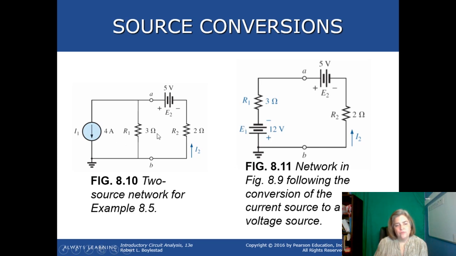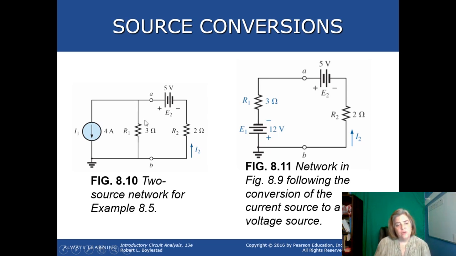So 4 times 3 is 12. Notice it is oriented so that the positive side is down and the negative is up. That's because the positive side needs to be where the arrow is for the current source. So if the current is forced down, that's coming from that positive terminal. If the current source is facing up, that means the positive terminal is on the top.